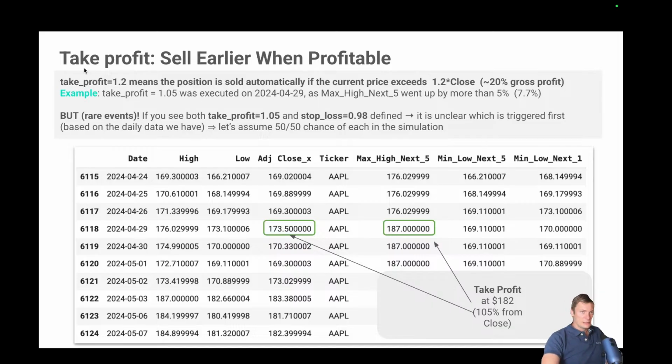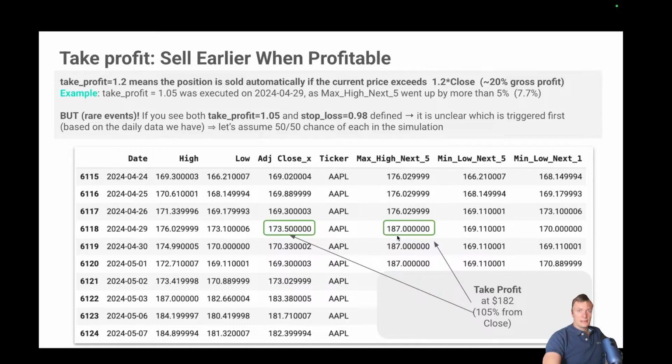We will try different parameters of a take profit, and here we compare with the maximum number in the next 5 or 30 days. Here, if we had a 5% increase, so 5% from 173.5 is 182, but during the simulation phase on the 29th of April, we see that in the next 5 trading days, the maximum value is 187.